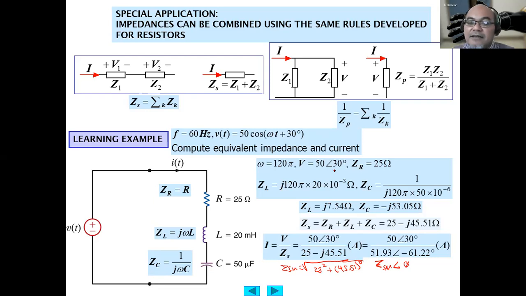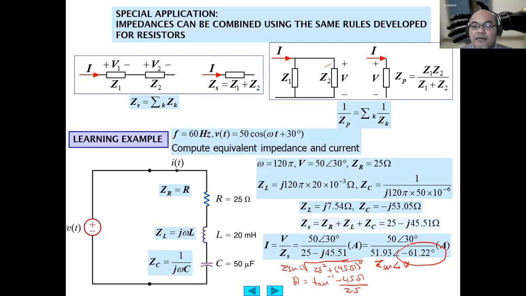Then the angle comes from the arctangent. The angle is calculated from the arctangent of the J part, which is negative, so negative 45.51 divided by 25. Those who have a calculator, please calculate with me.